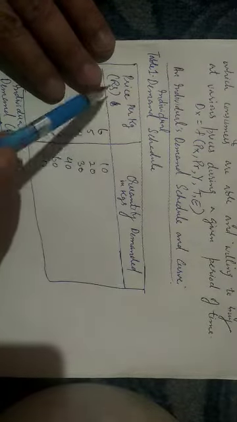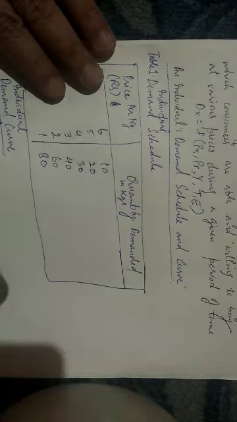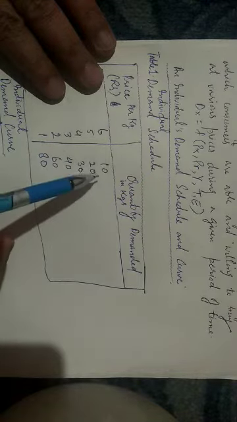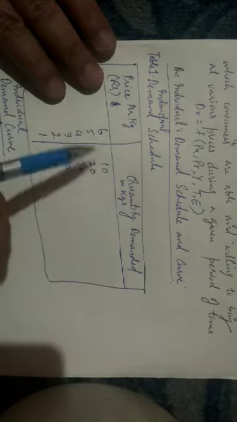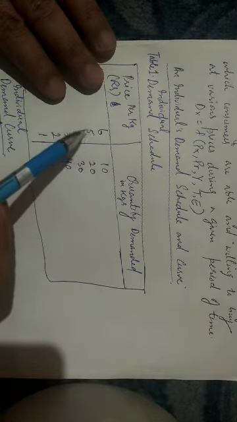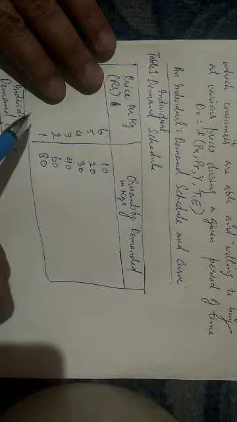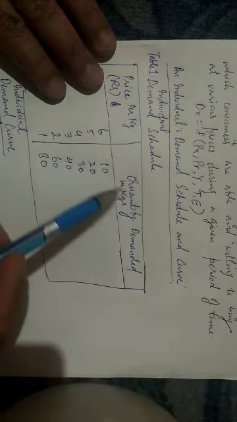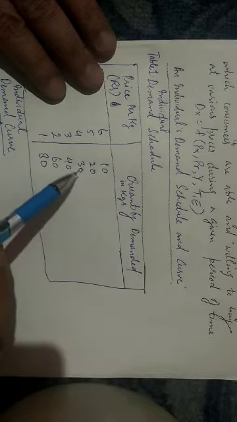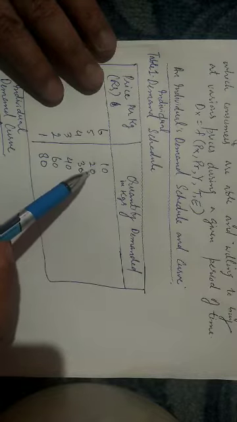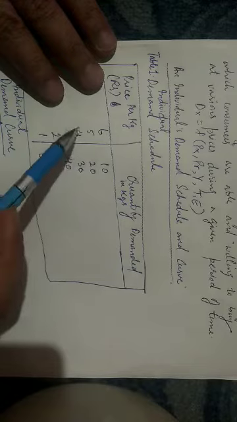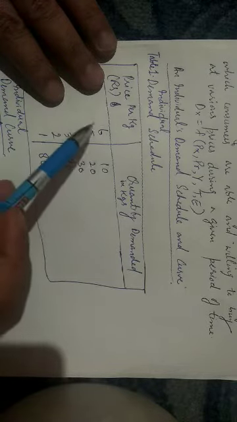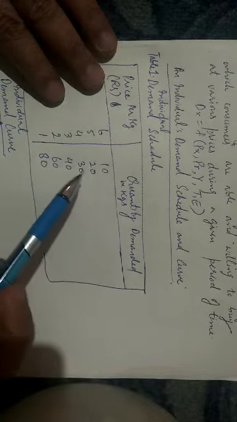When the price of a commodity is rupees 6 per kg, the demand is 10 kgs. When the price decreases from 6 to 5 rupees per kg, the demand also increases. At this time, demand increases from 10 kgs to 20 kgs. This means there is an inverse relationship between the price of a commodity and quantity demanded.